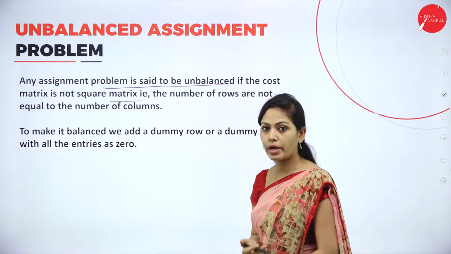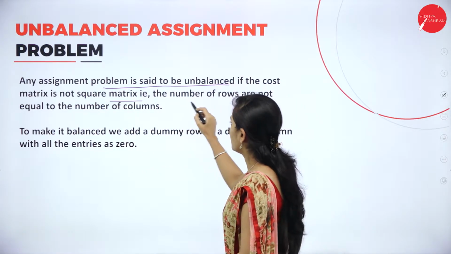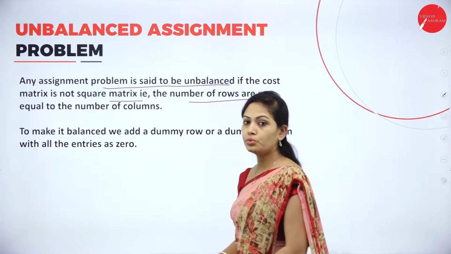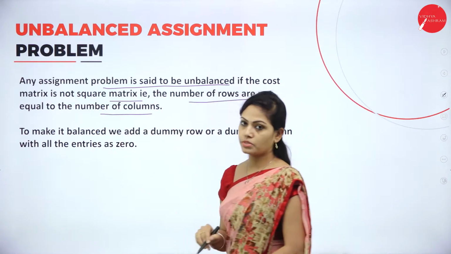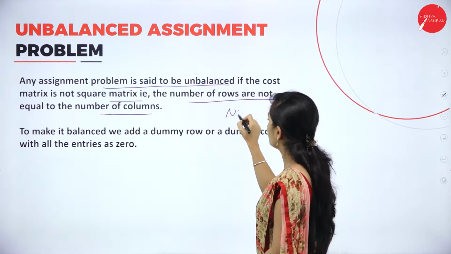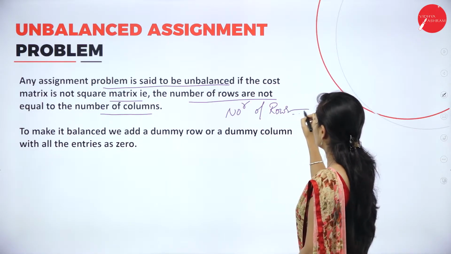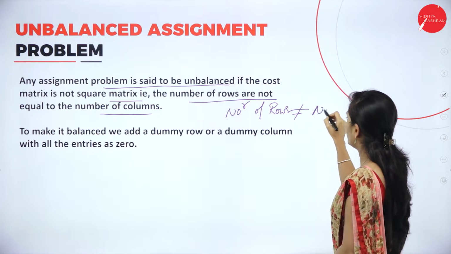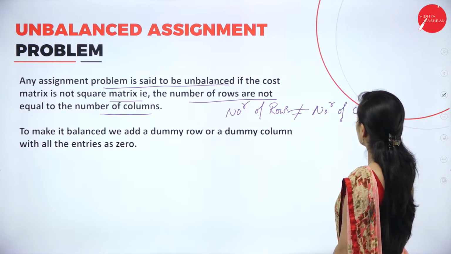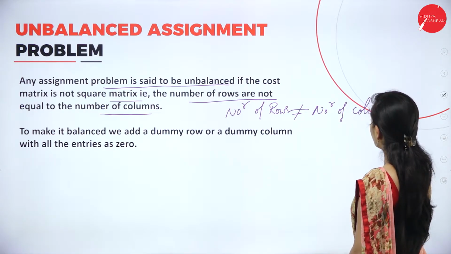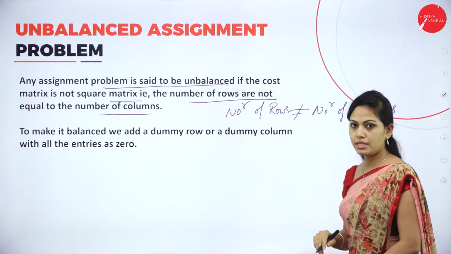So what is the square matrix? That is, the number of rows are not equal to the number of columns. So if your number of rows is not equal to the number of columns, then we can call it an unbalanced problem.